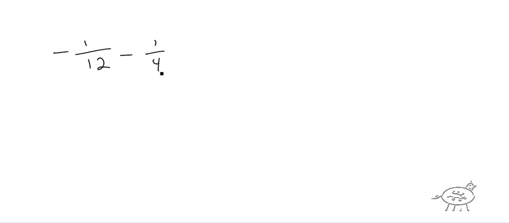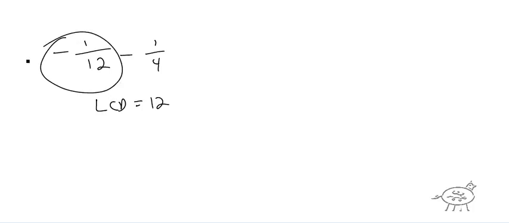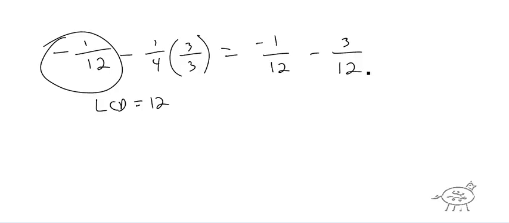Well, 12 goes into 12 and 4 goes into 12, so my LCD is 12. That means I don't need to multiply this one by anything, because it's already got my LCD. This one I've got to multiply by 3 over 3. So I now have negative 1/12 minus 3/12. Same sign. I know I'm going to have a 12 on the bottom, so I'm just going to write it in there. Same sign. You add them together. 3 plus 1 is 4.